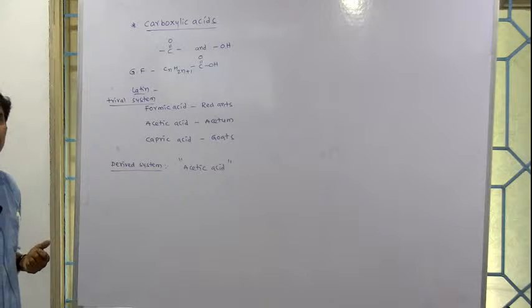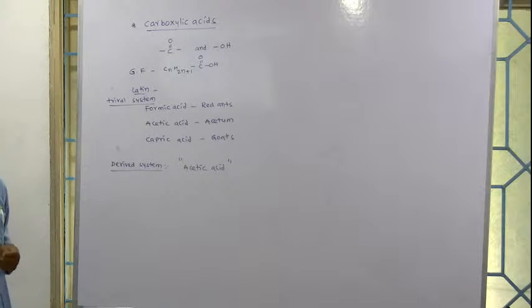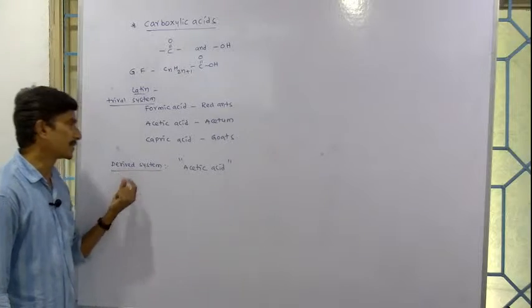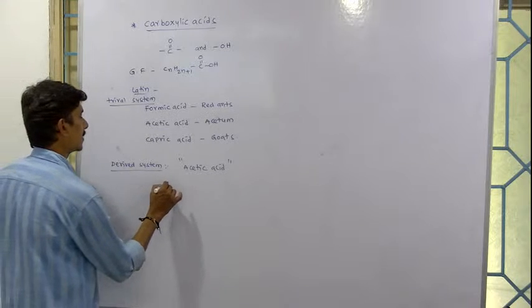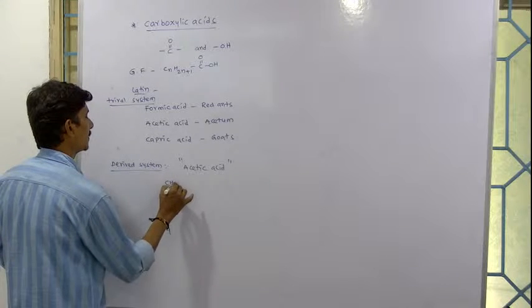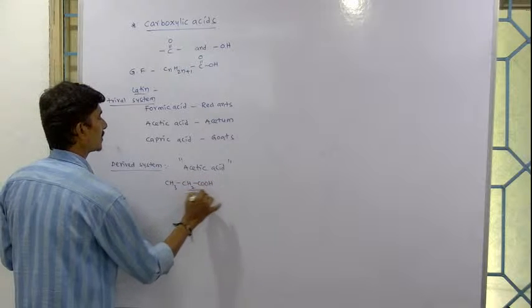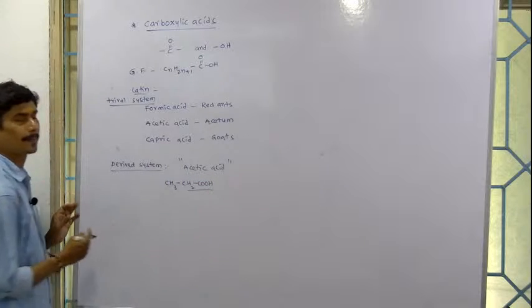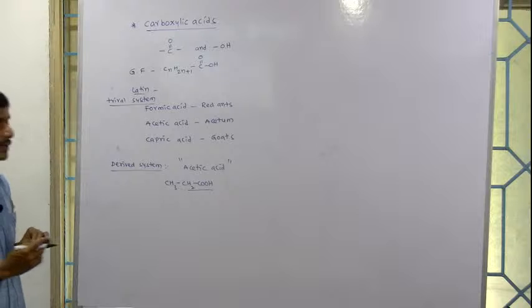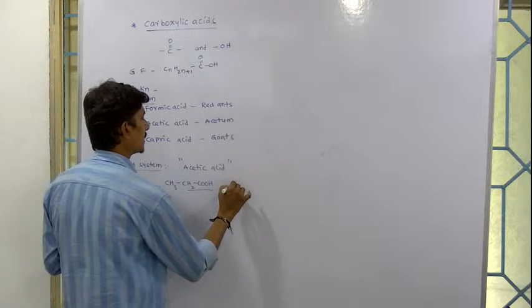That means they are called as the alkyl acetic acids. Those are called as the derived system. For example, if it is containing of CH3, CH2, COOH, it is what we can call as the acetic acid. So it is known as the methyl acetic acid.